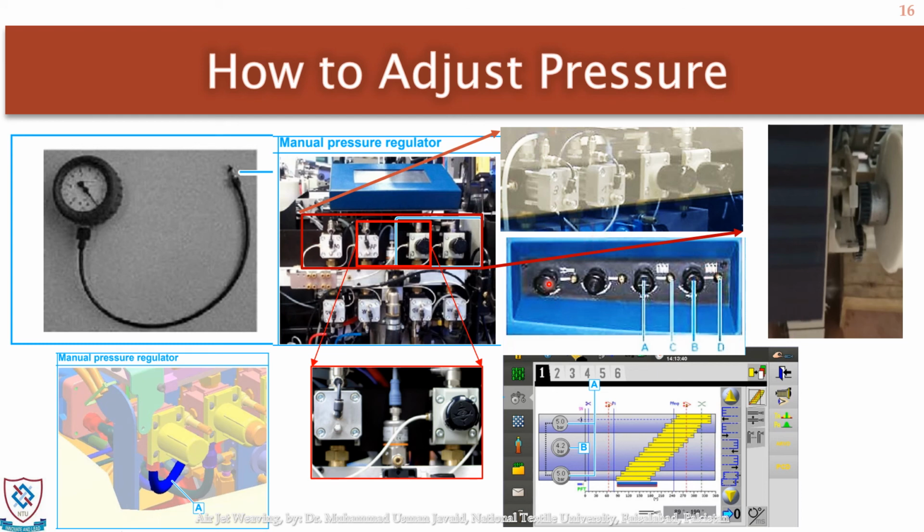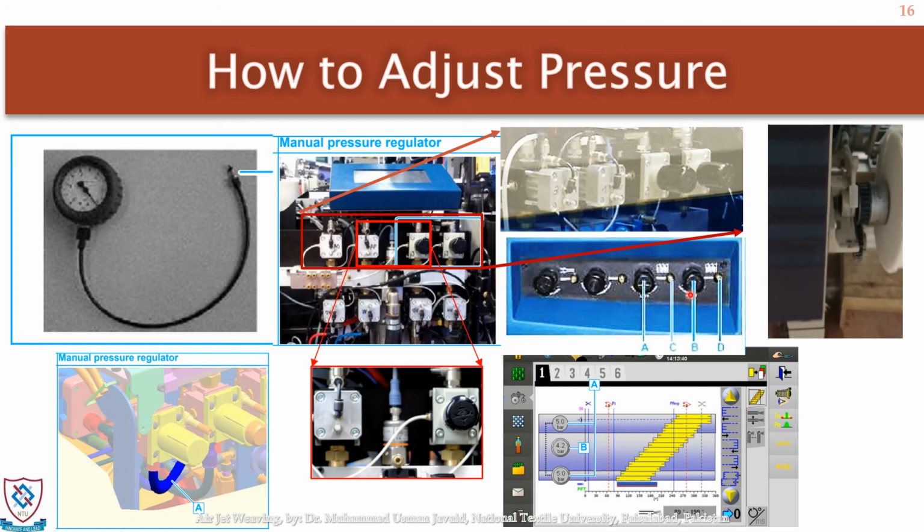These regulators are available with a coupling connection, to which a pressure measuring meter device can be connected, and it can display how much pressure is activated with this regulator.